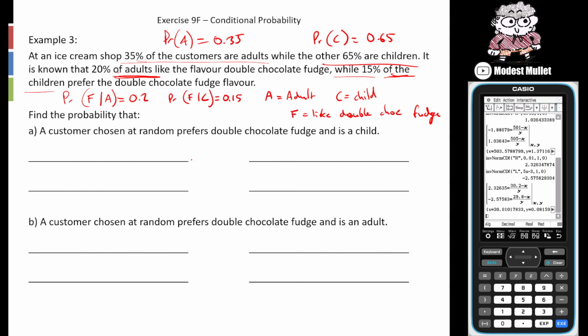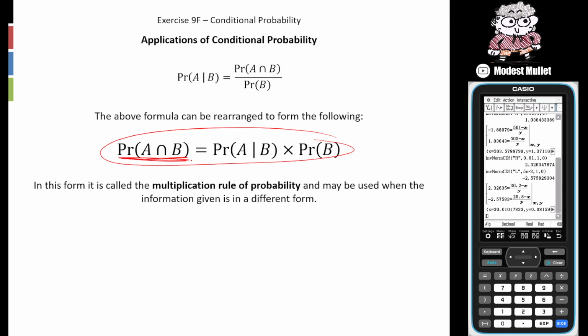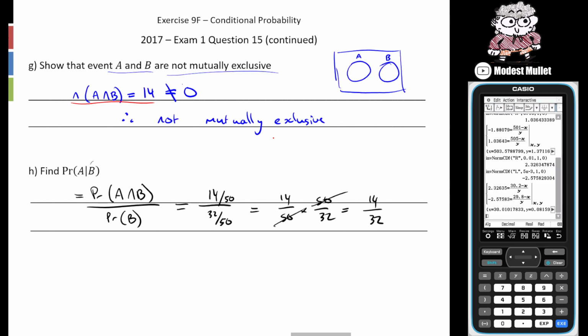Cool? So, find the probability that a customer chosen at random prefers double choc fudge and is a child. So we want to find the probability that they like the fudge and they are a child. 'And' means we need an intersect. It's not a conditional one, so we need to find this. We're asked to find an intersect, and we've got some conditions, so we can use this multiplication rule. We need the conditional times by probability of the second one.